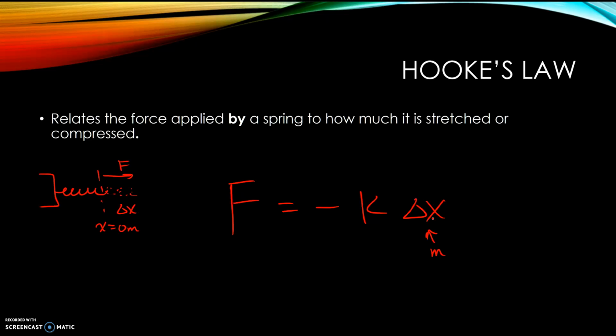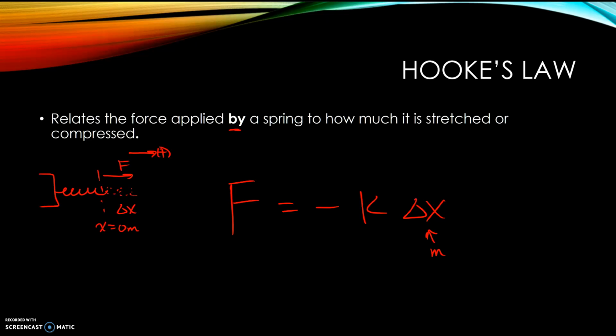Now, the force in this equation is actually the force being applied by the spring. Okay, so it's by the spring. And for that reason, we have a negative sign here, because the force that we apply, we'll say, is positive. So in this case, positive is that direction. The force that we apply is positive, and the force that the spring applies is negative.